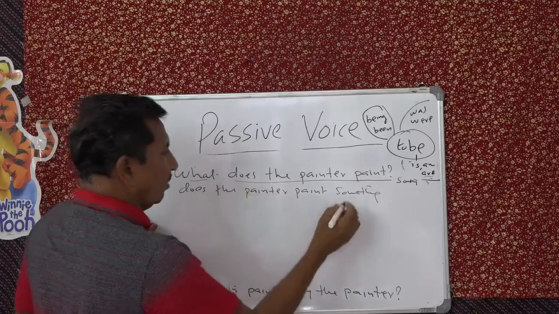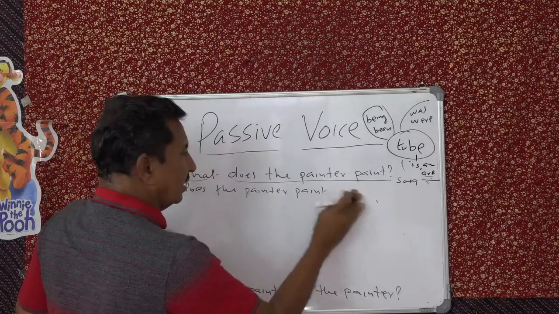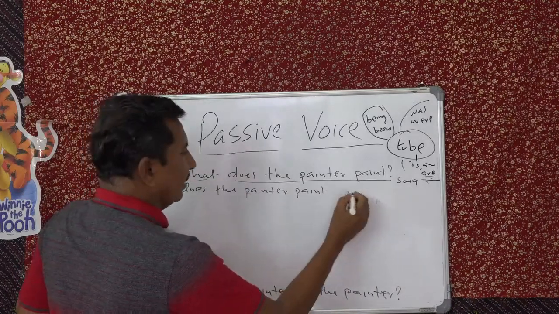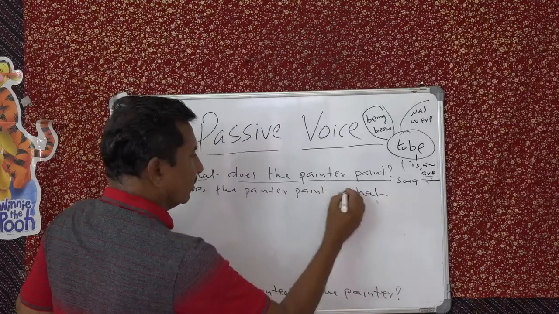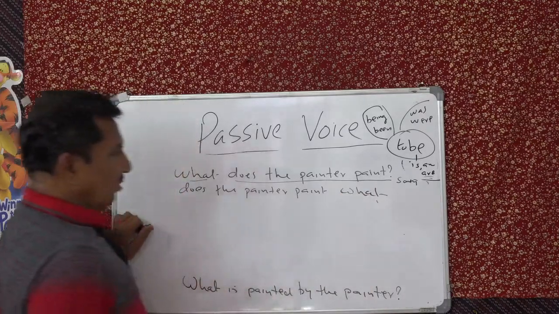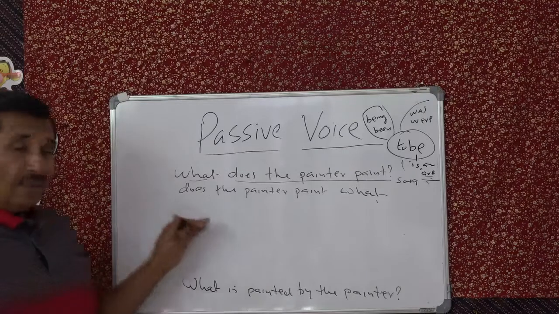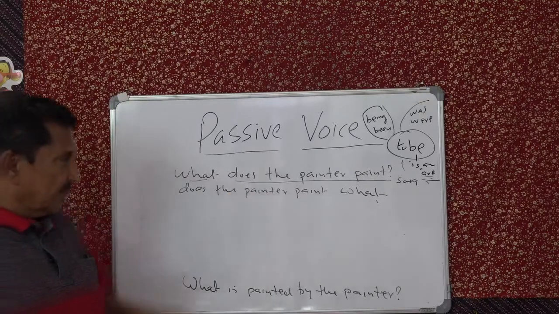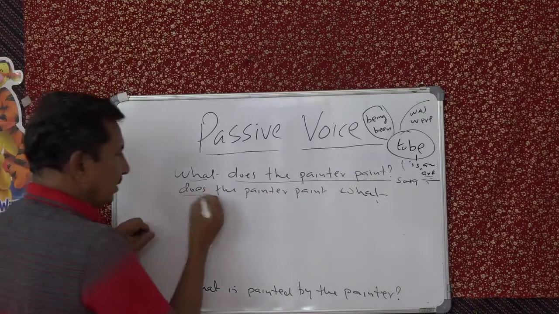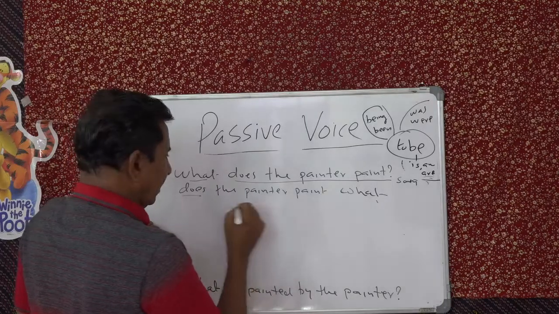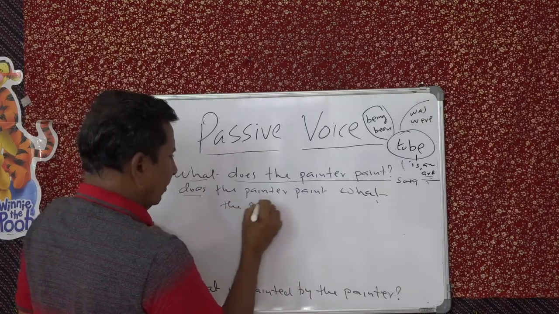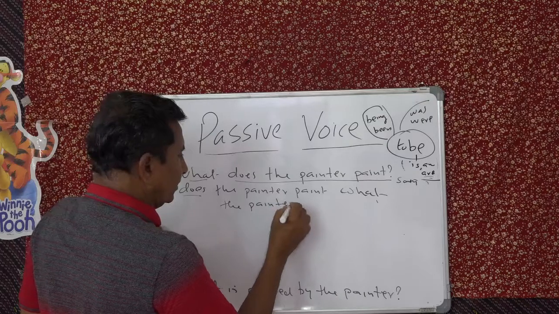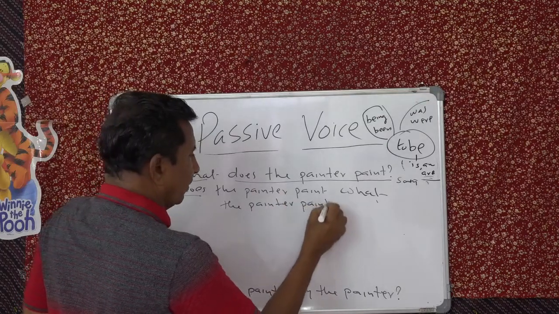Instead of something, let's say what: does the painter paint what? So you don't get confused, you will ask, from where did you get something? Okay, what? And then simplify this. It will be the painter paints what?